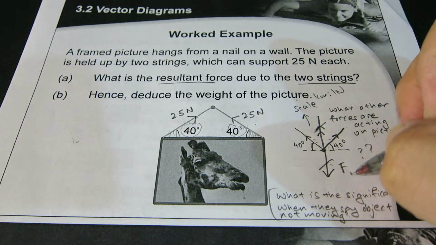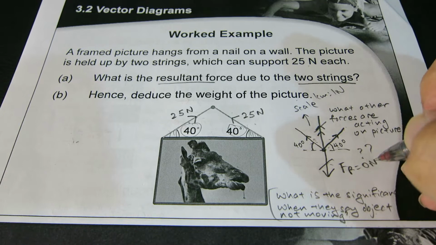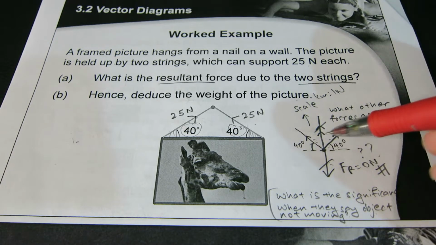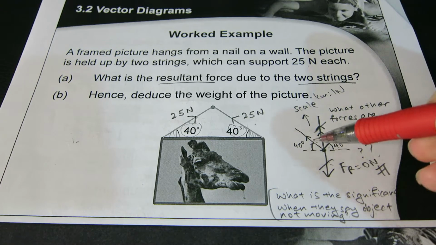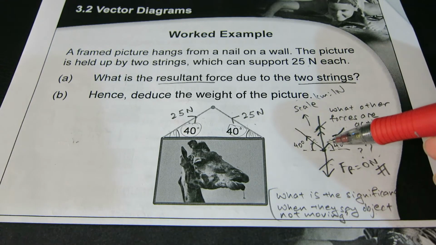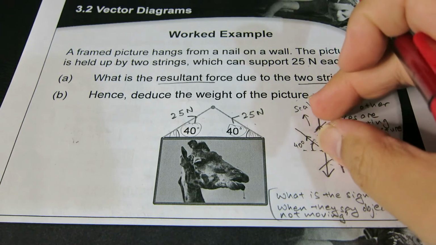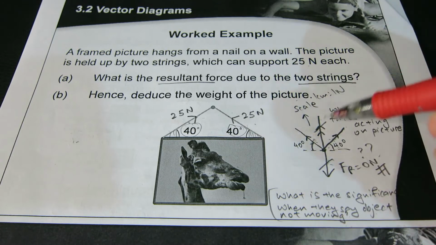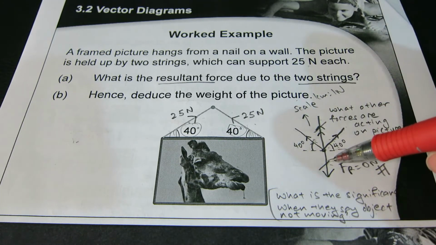My resultant force is 0 newtons, then it does not move. So essentially, even though it's a 3-vector problem, if I can find the resultant of two of them, then I know that the magnitude of this resultant must be exactly equals to this one to cancel out, and the direction is that it must be exactly opposite or 180 degrees away from this fella.